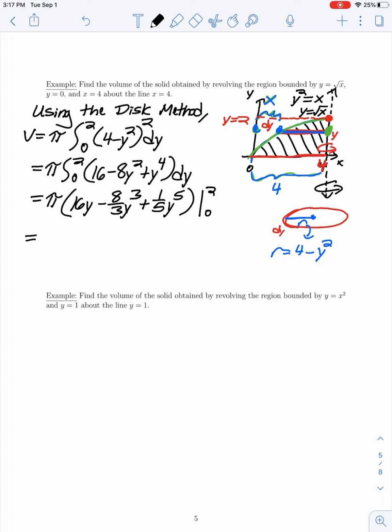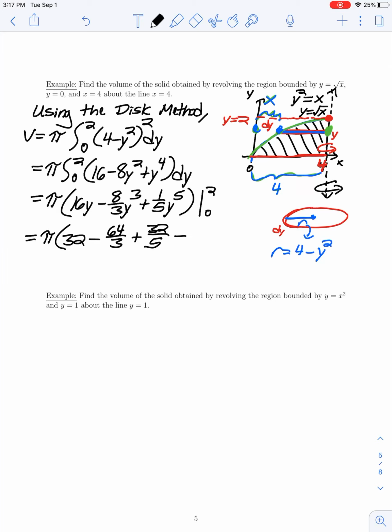So let's see what we're left with. We have pi times, when we evaluate this antiderivative at y equals 2, we get 32 minus 8/3 times 2 cubed would give us 64/3 plus 2 to the 5th, which is 32 times 1/5 is 32/5.